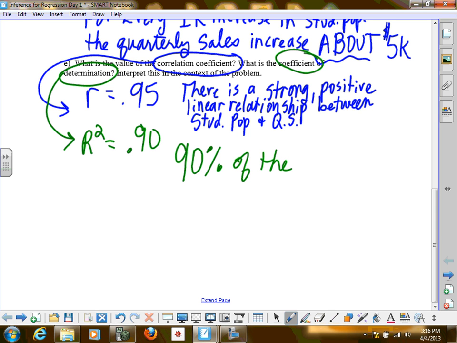Very good. 90% of the variation. You might more easily think of it as change.